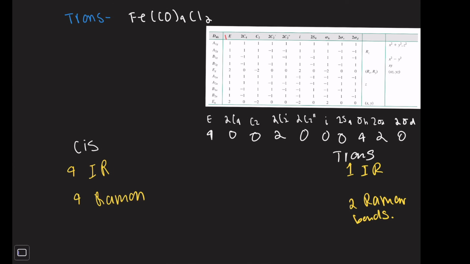So if we were analyzing these compounds and we wanted to differentiate between the cis and the trans, we would be able to differentiate them by the frequencies created by their bands. So we would see 4 IR bands for our cis and 1 for our trans, and then 4 Raman for our cis, and then 2 for our trans. So that's how cis and trans can be distinguished.